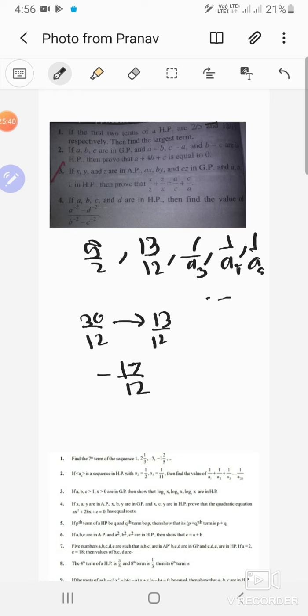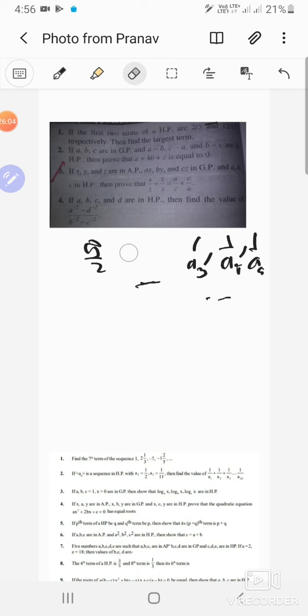All right, so there you go. We want to keep reducing this till we eventually get the smallest positive term, which is in fact 13 by 12. See, if you add minus 17 by 12 to this, this becomes minus 4 by 12, which is negative. That's not good, which means that this is in fact the smallest positive term, which means 12 by 13 is in fact the largest term of that HP.